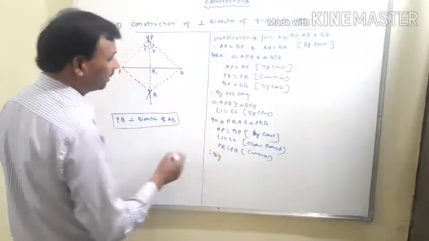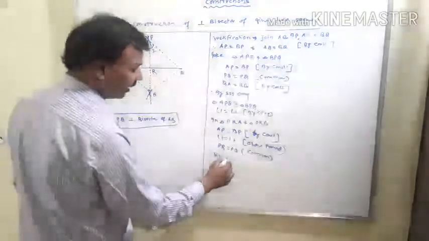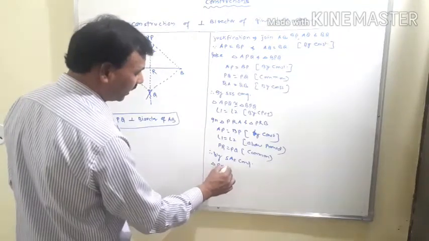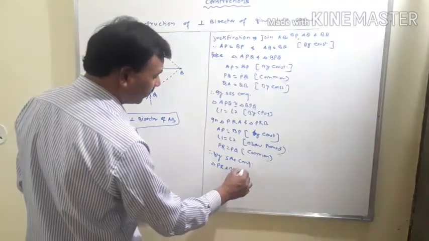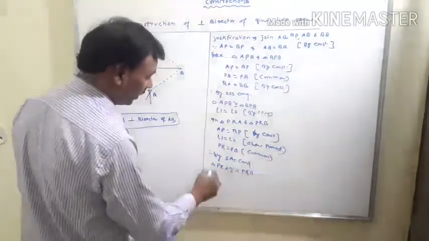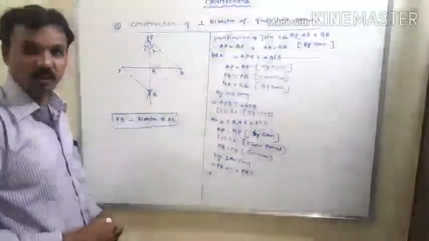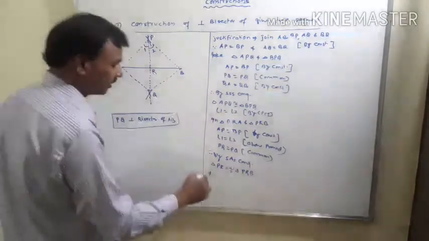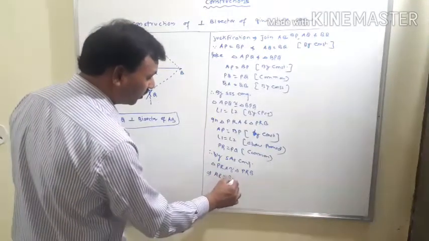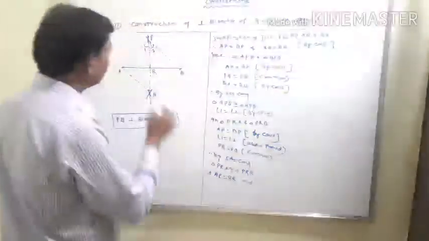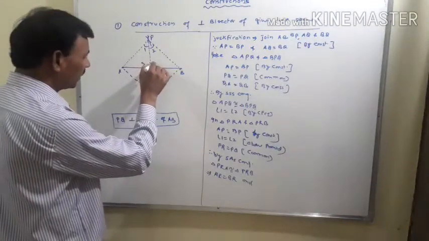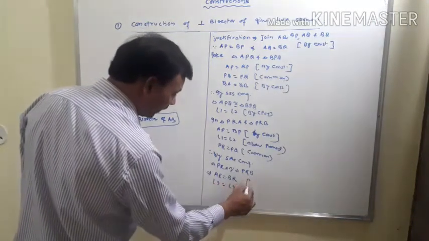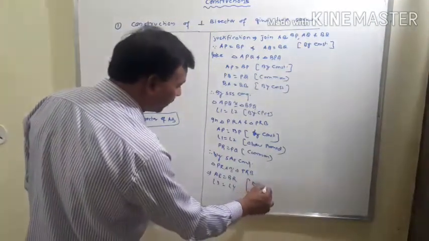Therefore, by ASA congruency, triangle PRA is congruent to triangle PRB. If both triangles are congruent, then we can say that AR equals BR, and also angle 3 equals angle 4, and the reason for both will be CPCT.